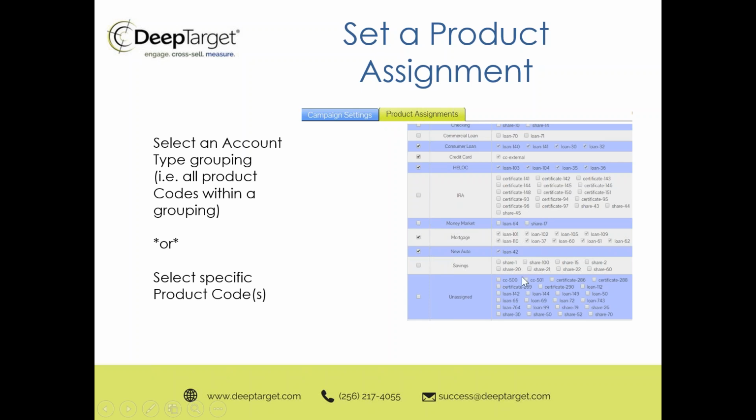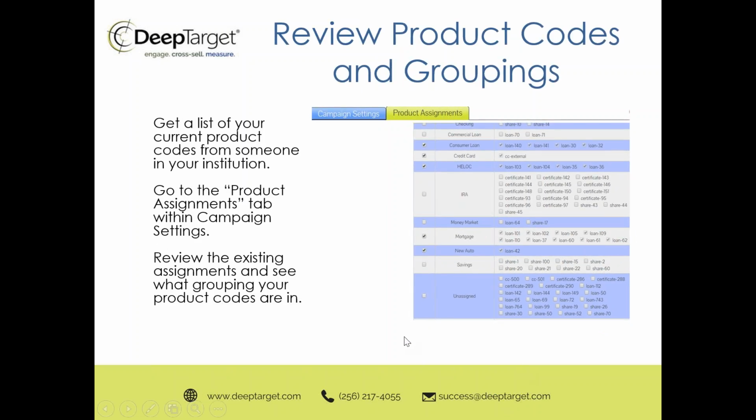When you select a product assignment for a campaign, you can either select the entire account grouping by selecting the checkbox on the left, so that'll take all of the HELOCs there, or you can select specific product codes. If you only want it to go to a particular product code, you can just check the ones that are appropriate.